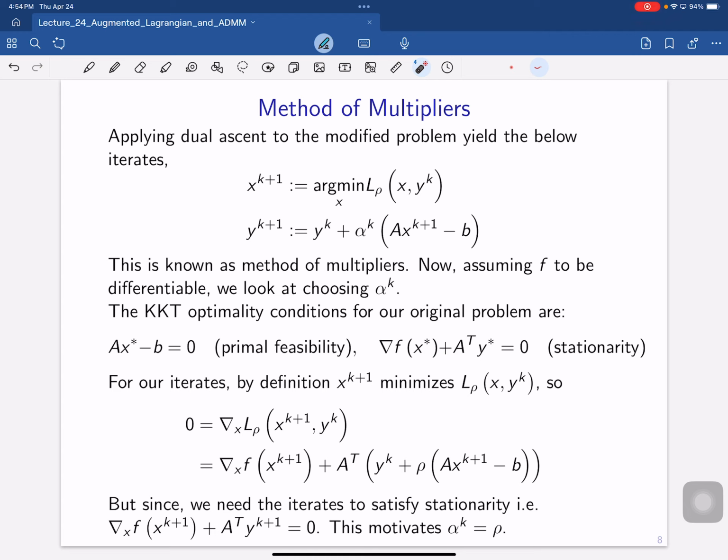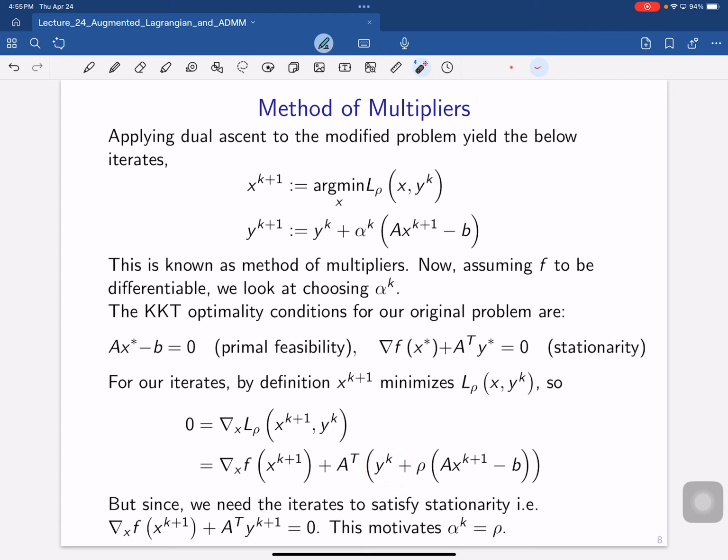Again, when you are minimizing over x, the x k plus 1 minimizes this augmented Lagrangian term. And then if x k plus 1 minimizes this augmented Lagrangian, the gradient is 0 at x k plus 1. So if you take the gradient, you realize x k plus 1 satisfies this condition here. It equals 0.